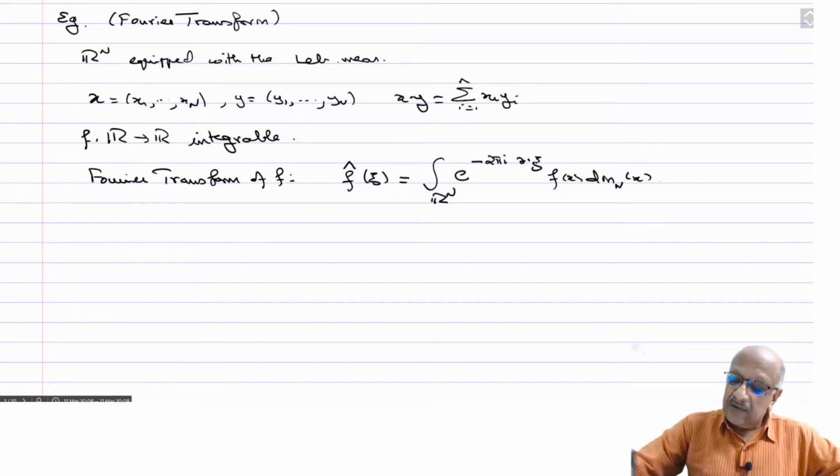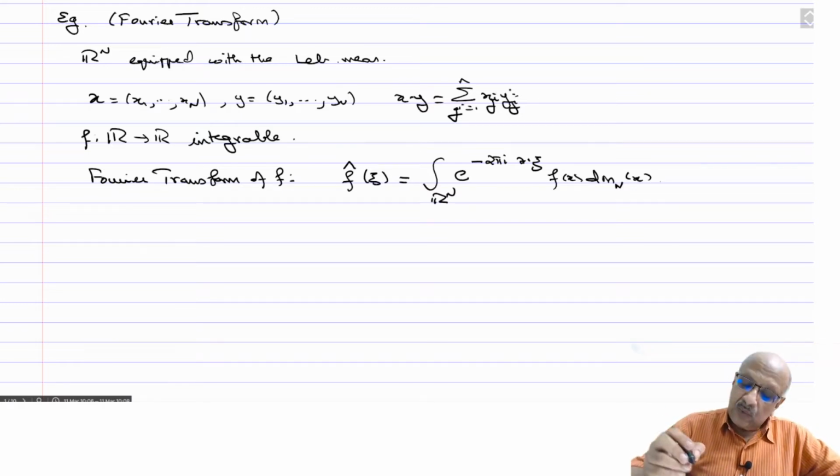Because x and xi are involved, I am writing the variable along which we are integrating. Since i is now reserved for the imaginary number, let us say xj yj in the sum. Okay, so this is called the Fourier transform.